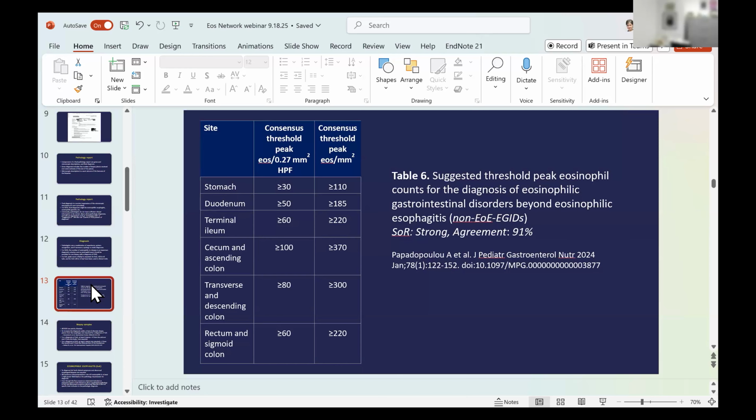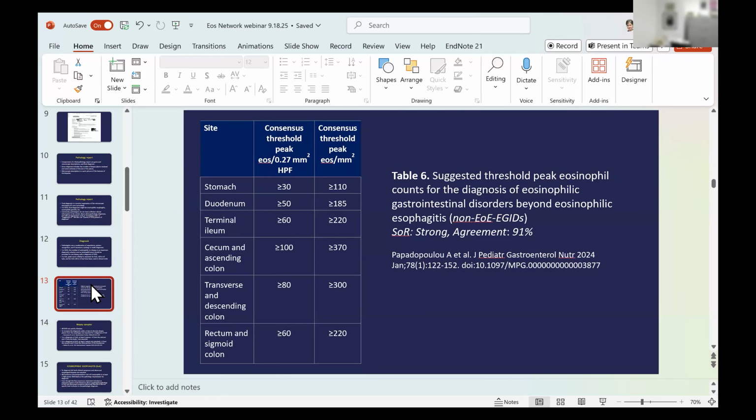So the numbers in the middle there are the numbers that the people who worked on this, using literature review and experience, maybe agreed upon. So for the stomach, greater than or equal to 30 in 1 high power field. I'm not sure that's the best number, but we'll see as time goes by.